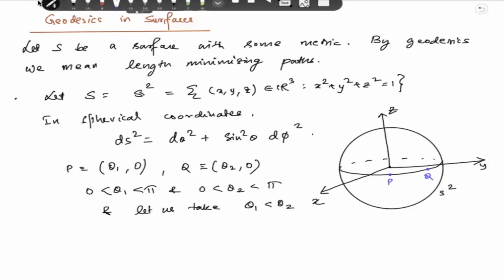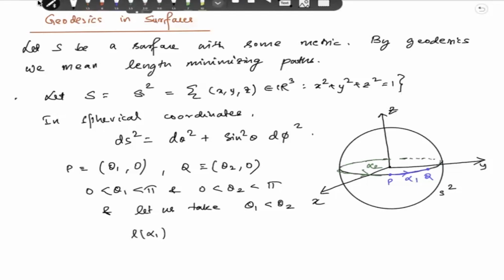Now observe that there are two arcs of this great circle connecting P and Q. One is this, my alpha 1, and the other one is the other part of the great circle, alpha 2. The length of alpha 1 with respect to the metric is theta 2 minus theta 1.